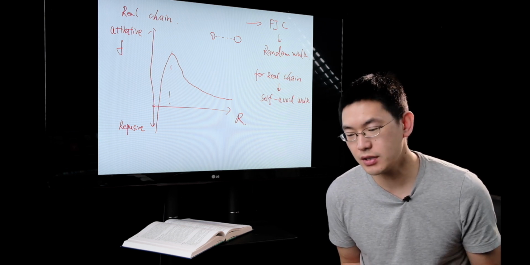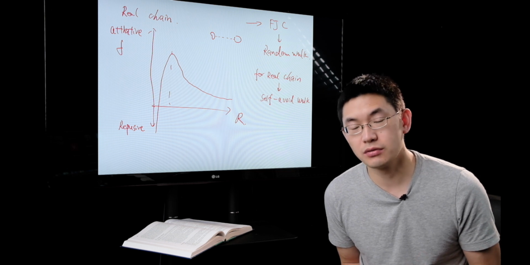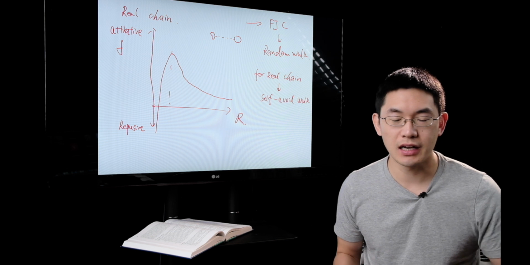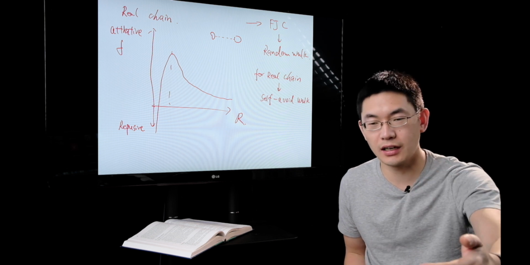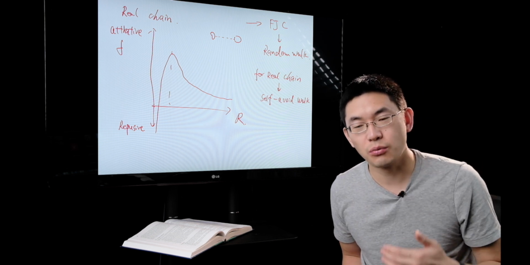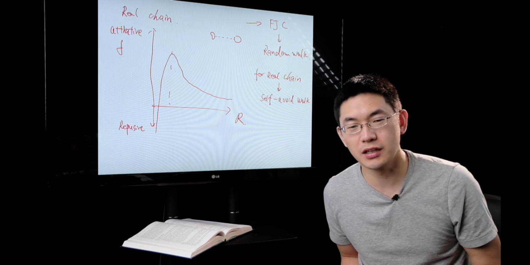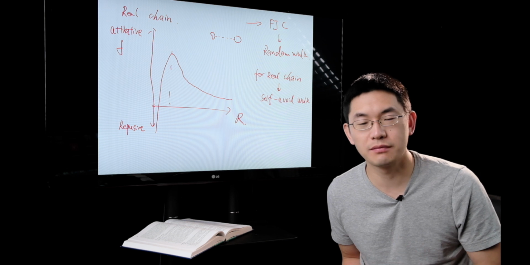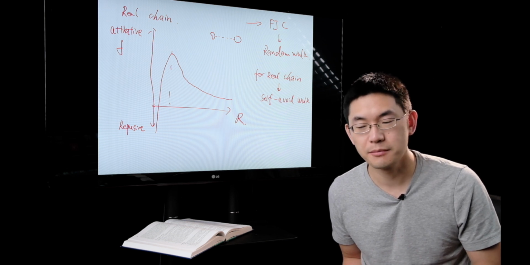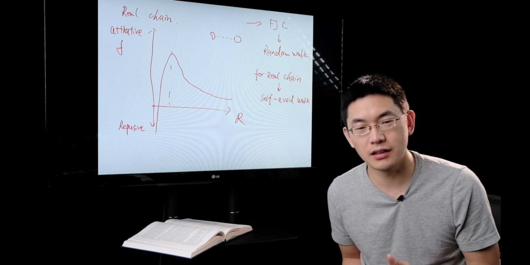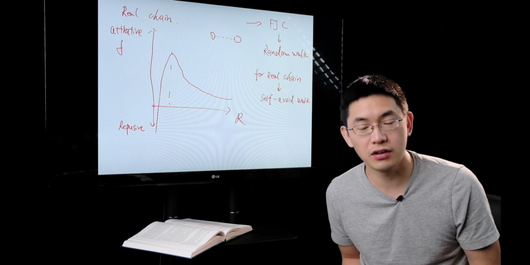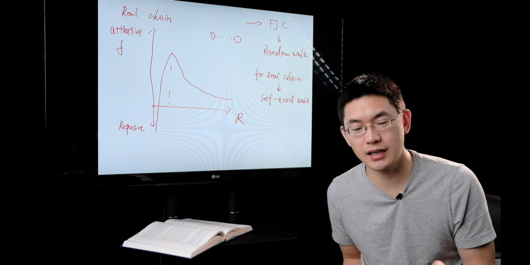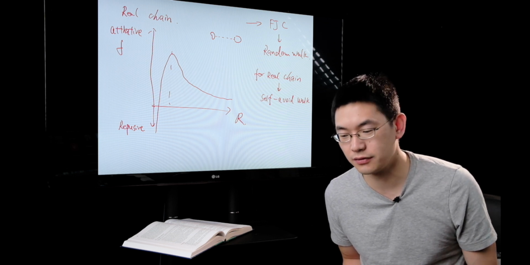But if the polymer chain has already been to that lattice site before, say I throw the dice and it asks me to go forward, and I throw it again and it asks me to go backwards, so I return to the original position, the computer says you cannot do that. You have to avoid where you have been before. So you need to throw it one more time until you reach a lattice site that is not where you have been.